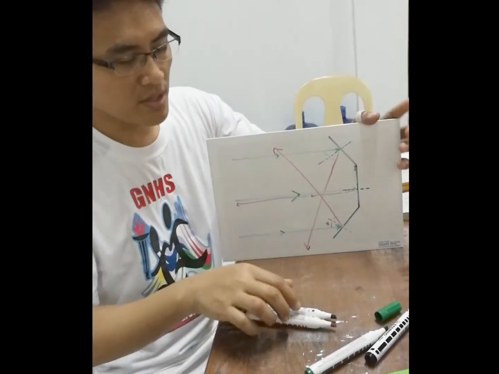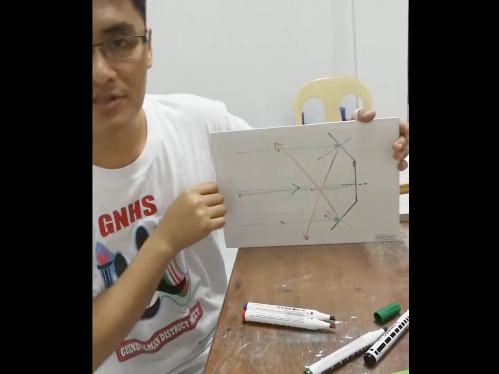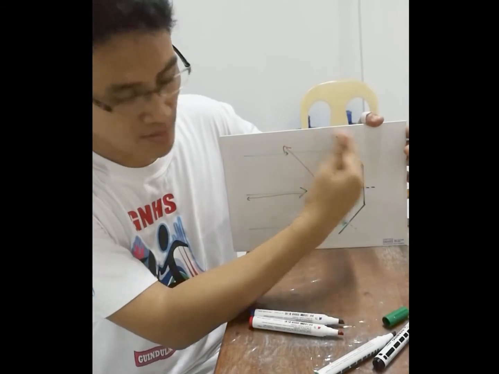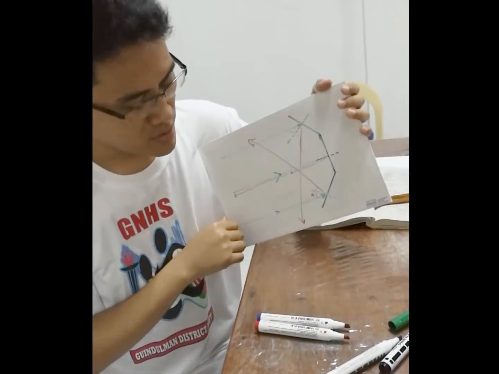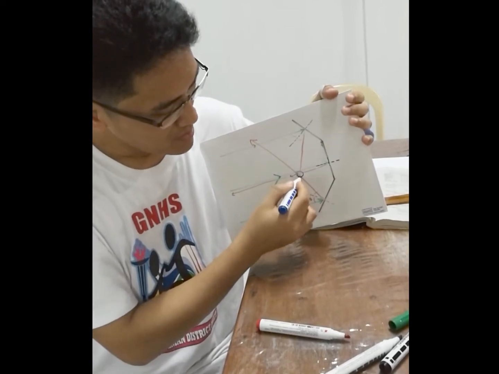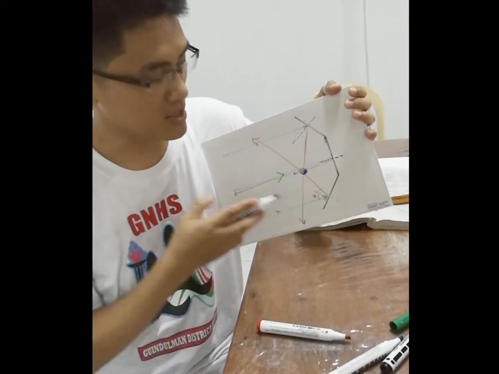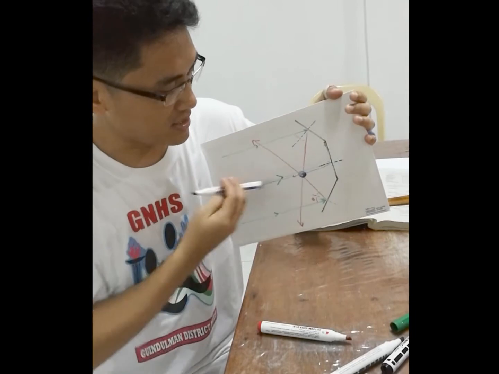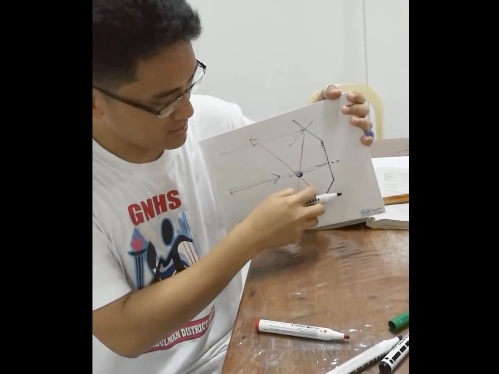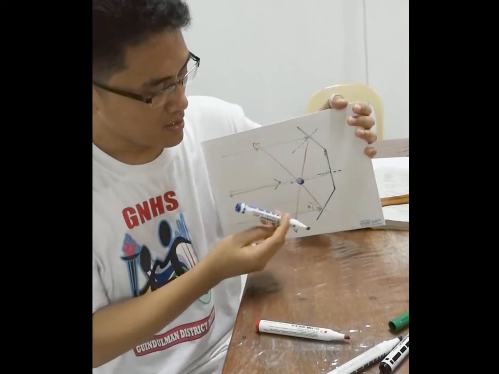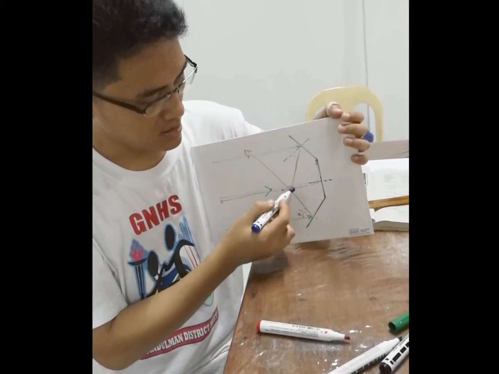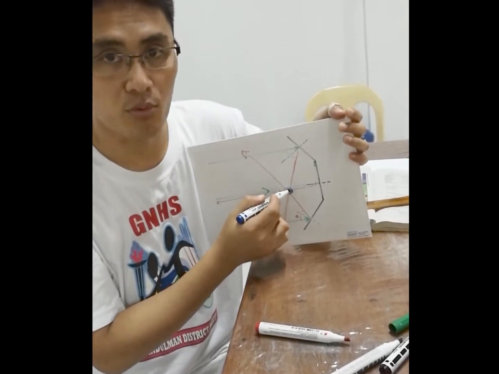Okay, so something interesting happens here, because if you have this assembly of plane mirrors, it would seem that all of the light rays would meet at this point. See, this light ray is reflected like that, this light ray reflected like this, and this light ray gets reflected like that. So after the reflection, they meet at a certain point.